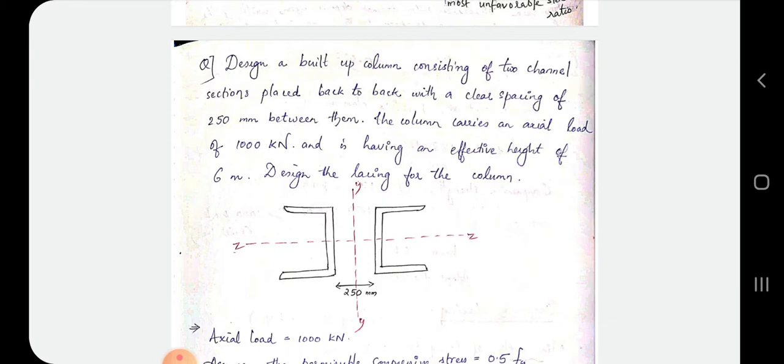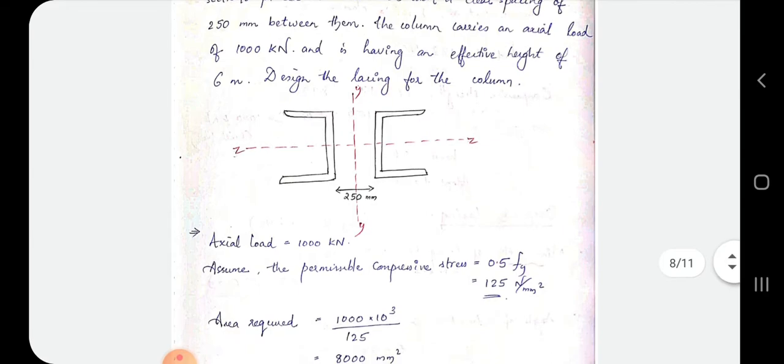So given that two channel sections are to be connected back to back and the clear spacing between the two channel sections is 250 mm, the axial load carried is 1000 kN and the effective height of the column is 6 meter. Design the lacing for the column.